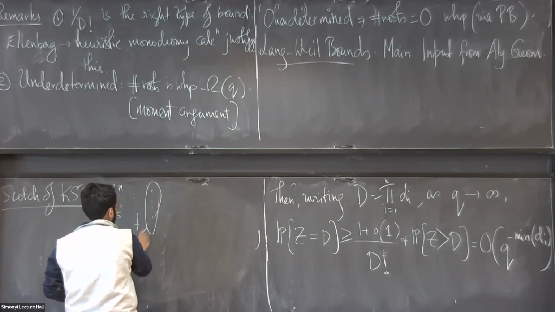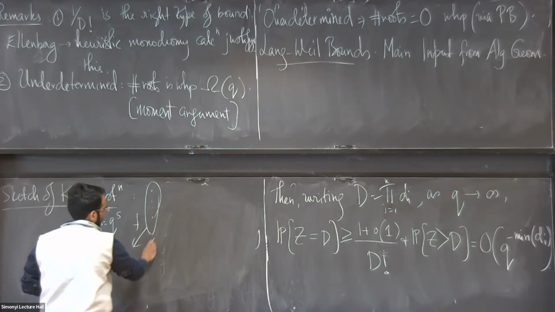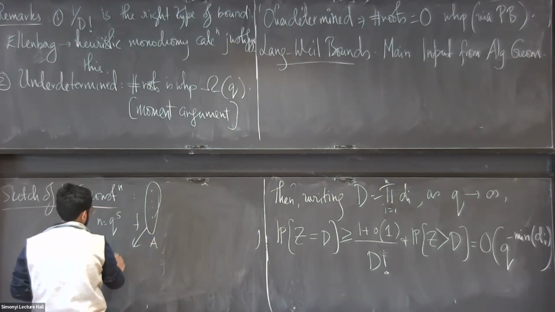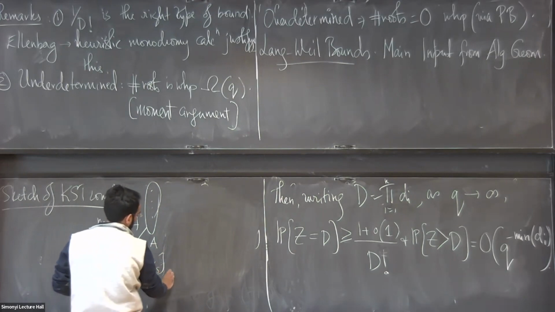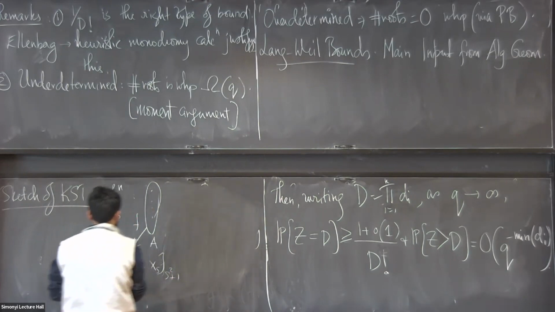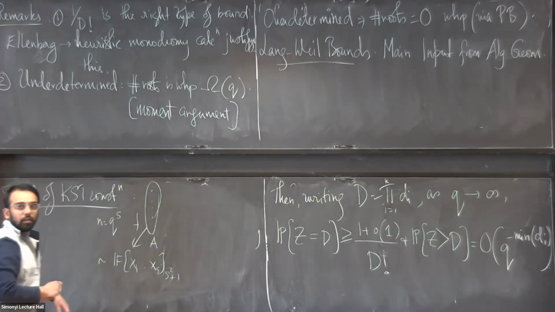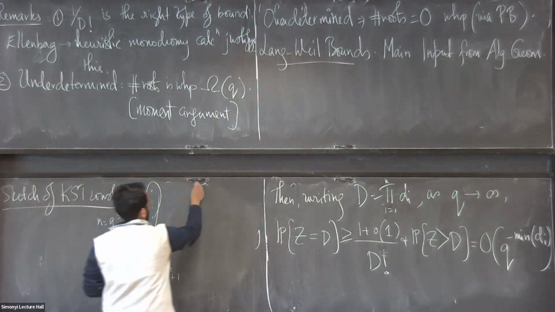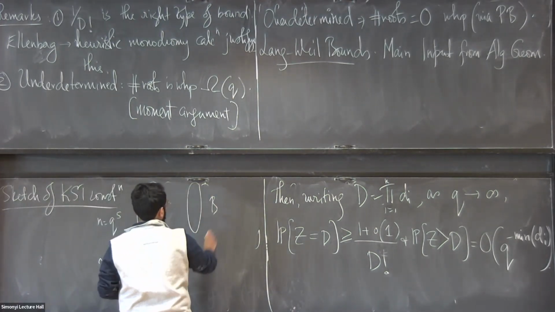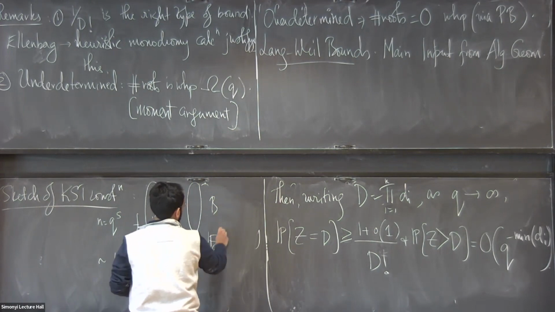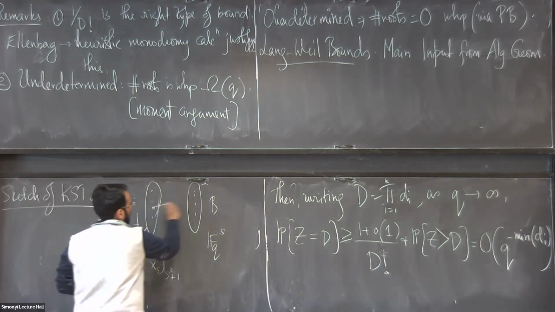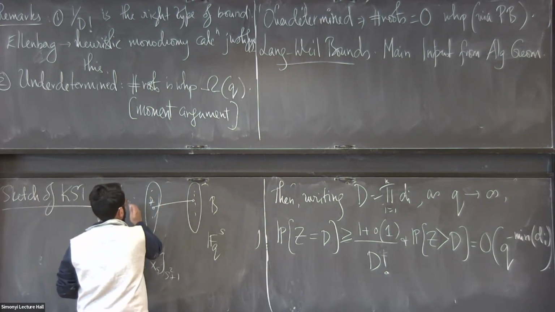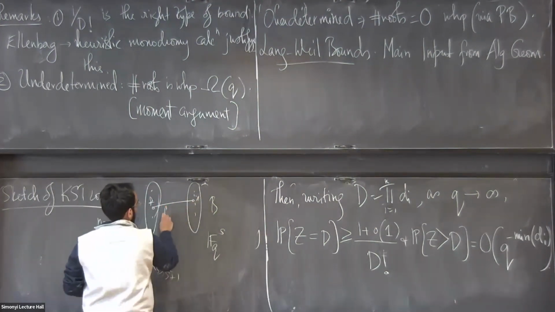I'm going to pick for each point in A a random polynomial in s variables of degree, let's say, s squared plus 1. Okay, the details are not hugely important. B is just going to be F to the s. I join some F to some X if F of X is 0.